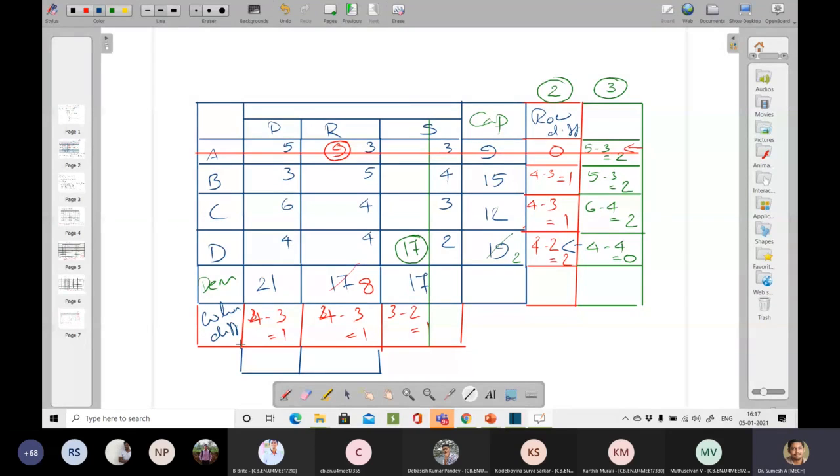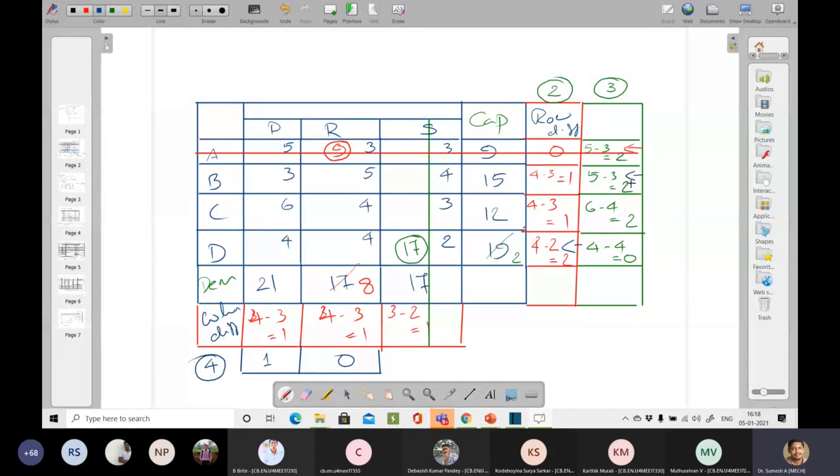So what is the difference here? 3, 4, 3, so again it is 1. Here it is 4 minus 4, 0. This is iteration number 4. So the tie is here only.